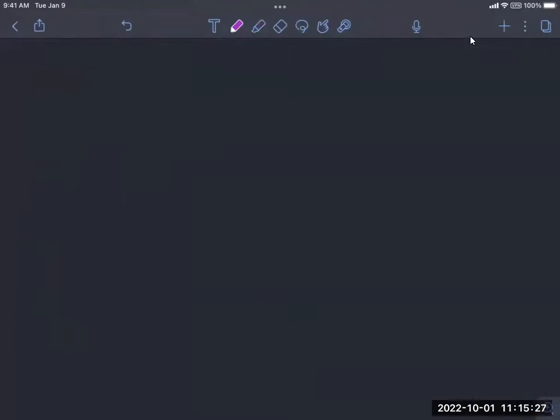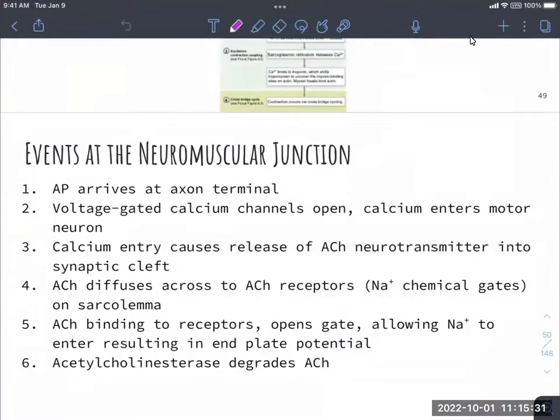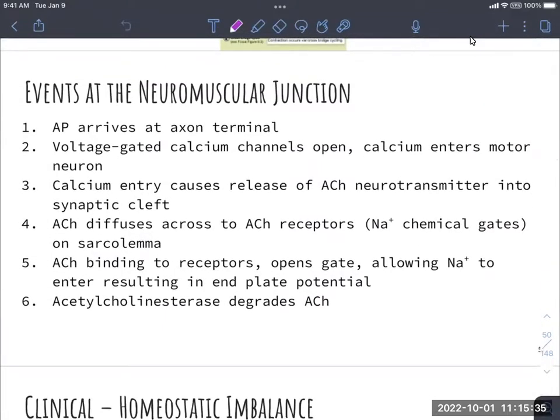Then we can receive another action potential and this whole process can start again. So let's go back here. I have this written out for you. Action potential arrives at the axon terminal. Those voltage-gated calcium channels open. Calcium comes into that motor neuron. That calcium causes the acetylcholine to be released into that synaptic cleft, that area between the neuron and the muscle.